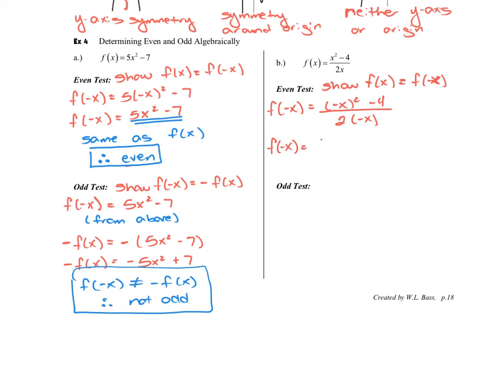My numerator is going to simplify to an x squared minus 4. My denominator is going to become a negative 2x. So my conclusion, I can clearly see here that my original function f of x is not equal to f of negative x. Therefore, this is not even. And we're done.